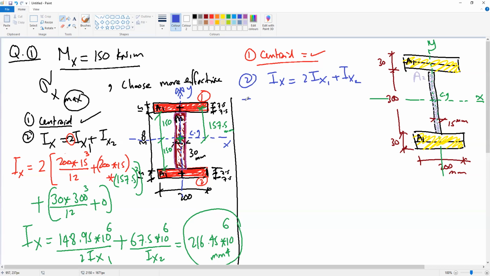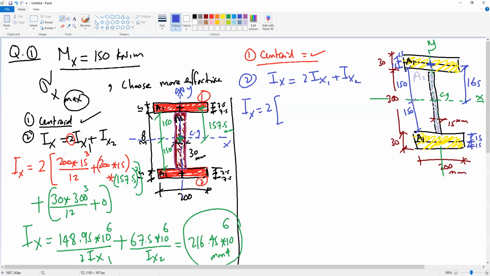For Ix1, where is the centroid of area 1? The centroid of area 1 is here. So it is far from the x-axis of the whole section. This one in the middle, so 15, 15. So this will be 165 millimeter. And also this will be 15, 15, and this total is 300, so 150, 150.